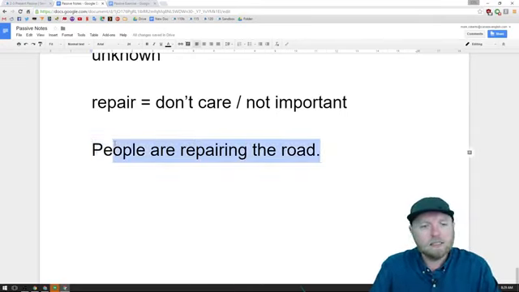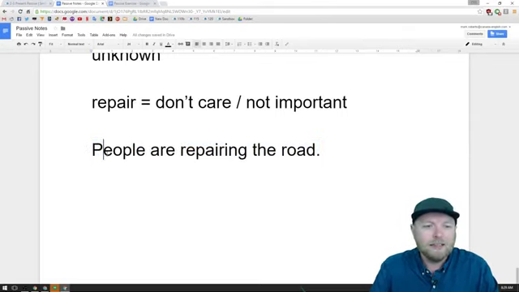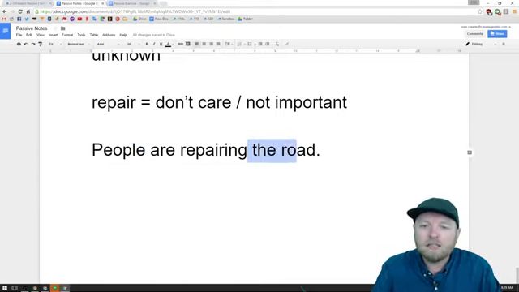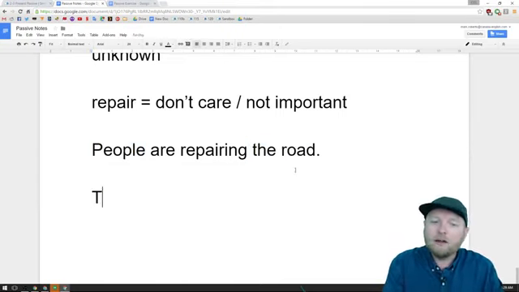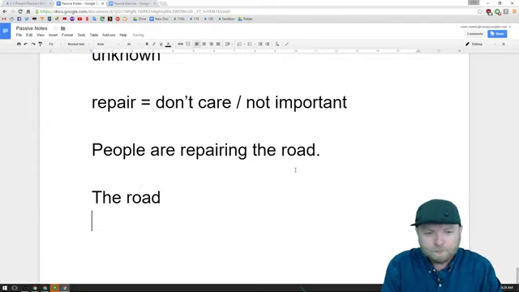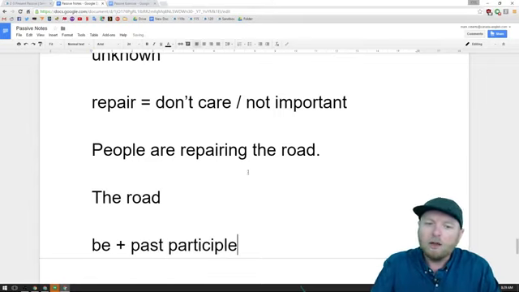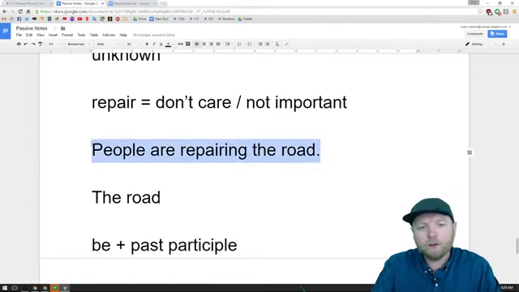This sentence we're going to change, because this one we don't care. It's not important. So we start the sentence with the object, the road. Now remember, passive, you always need be and a past participle. So what is the main verb here?